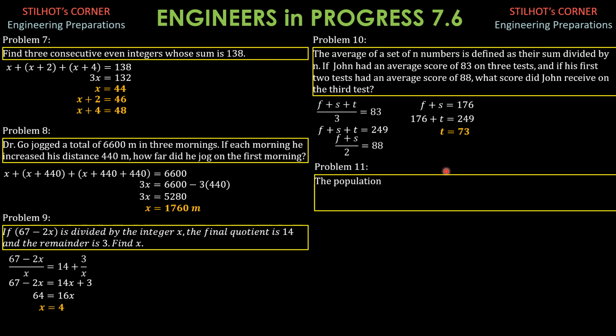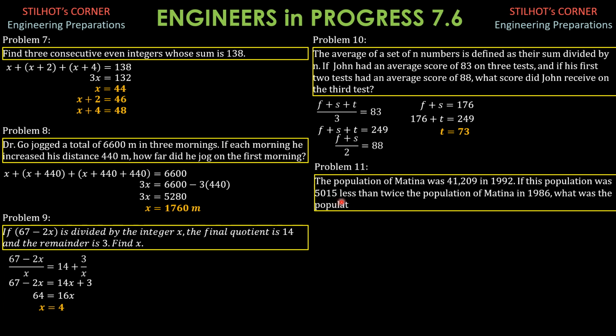Problem 11. The population of Matina, Davao was 41,209 in 1992. If this population was 5,015 less than twice the population of Matina in 1986, what was the population increase in those 6 years? So the population increase is the difference between the population in 1992, which is 41,209, minus the population in 1986.